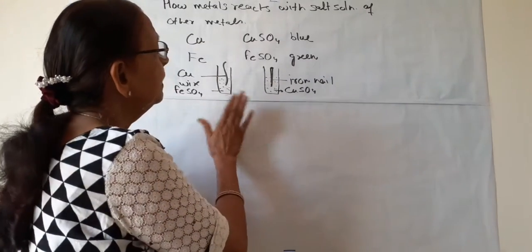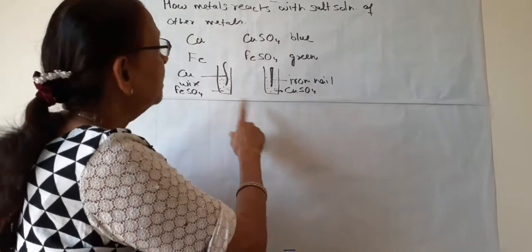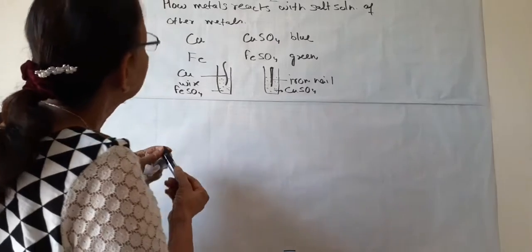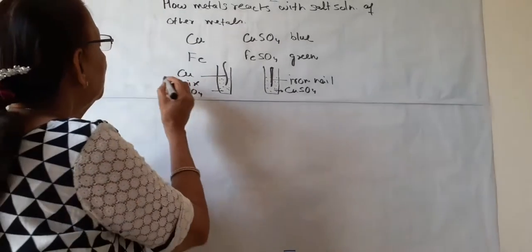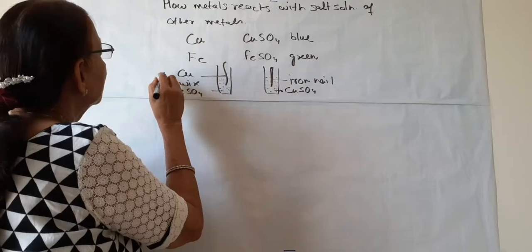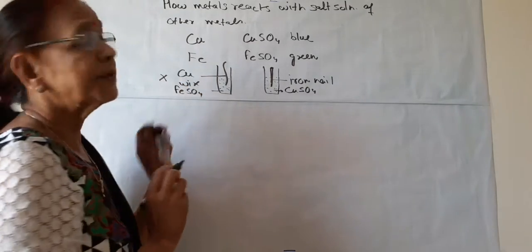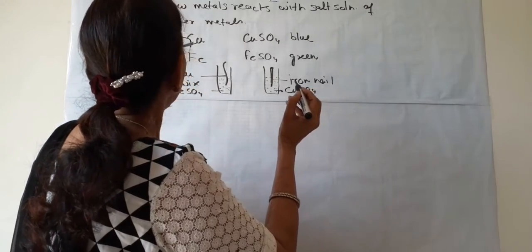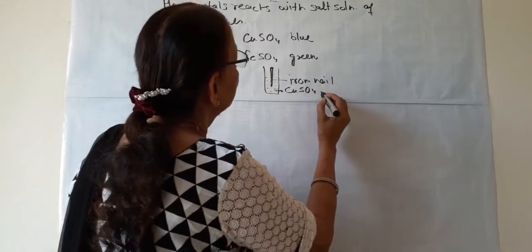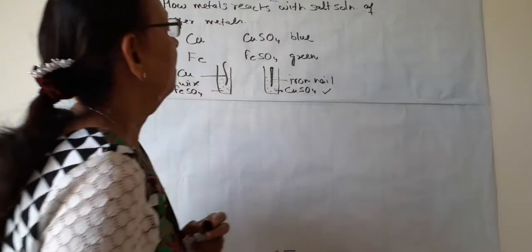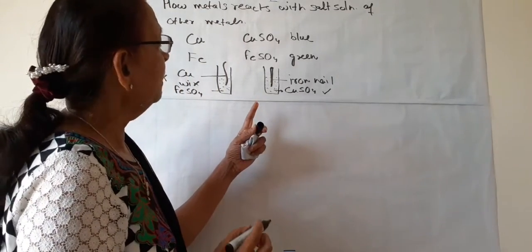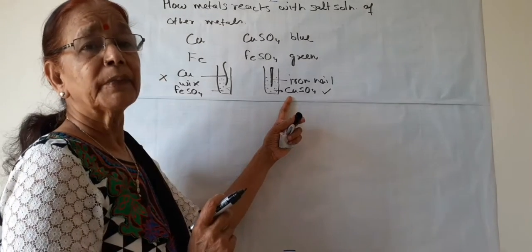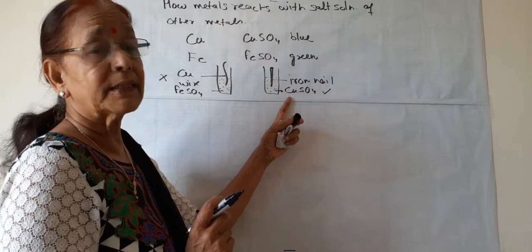What we see in these two test tubes after 20 or 30 minutes is that in this test tube no chemical reaction has taken place, and here the chemical reaction has taken place. What we see is that the copper sulfate solution, the color fades.